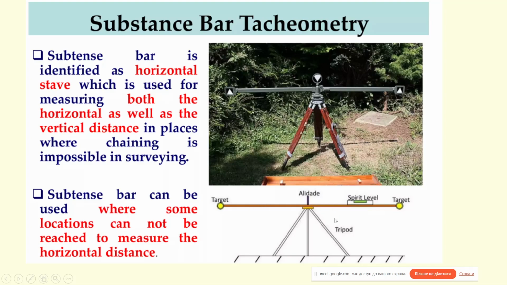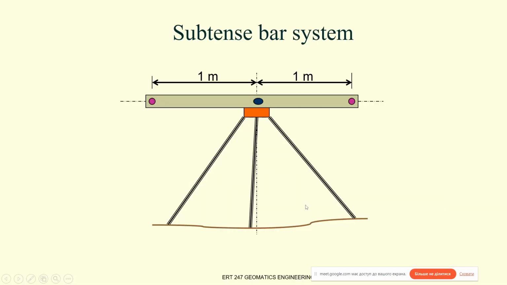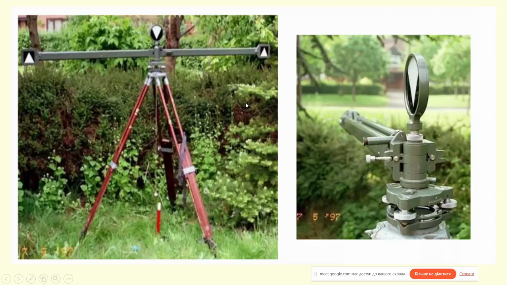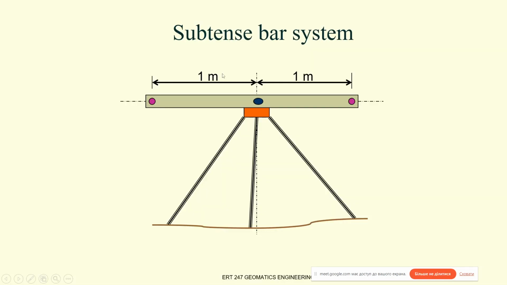Well, we stand the subtense bar on a tripod. We use a spirit level to make this subtense bar horizontal. We use an alidade to change the direction of the subtense bar directly perpendicular, orthogonal to our line of sight.